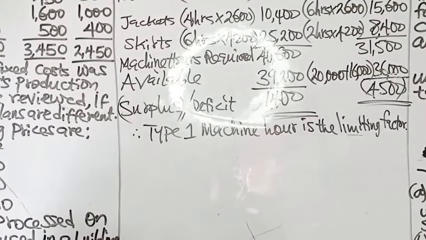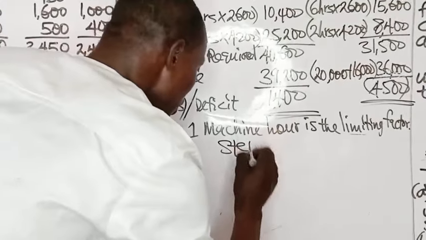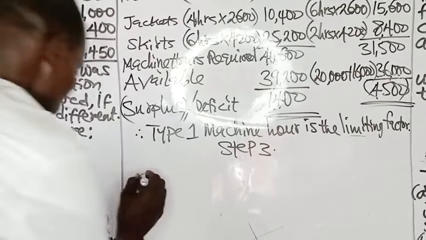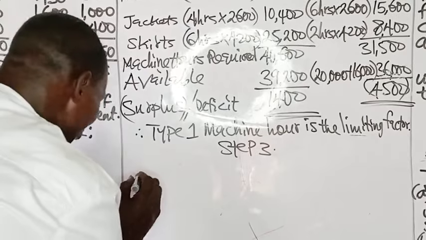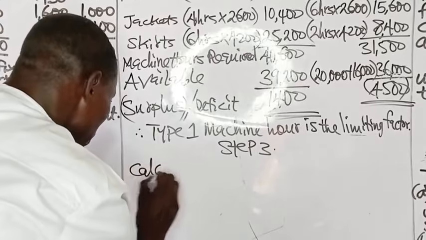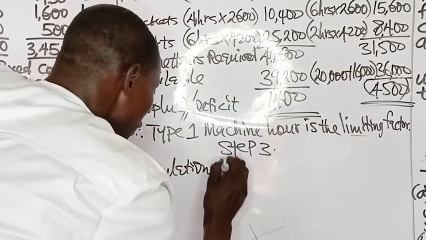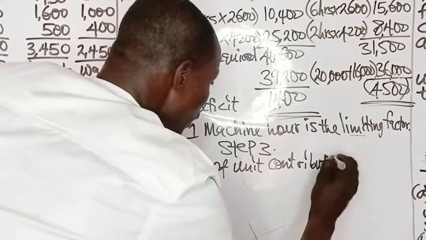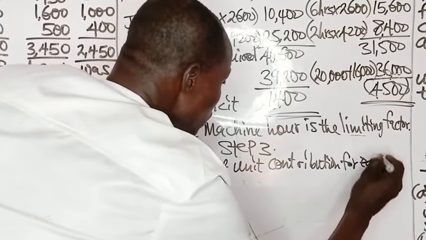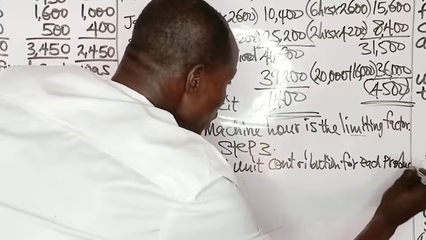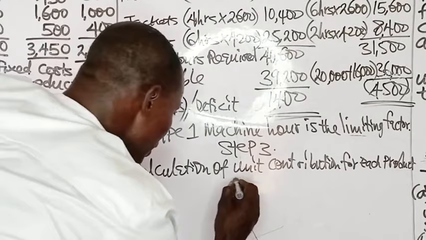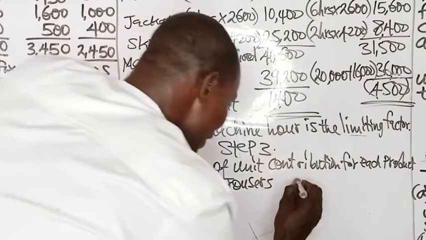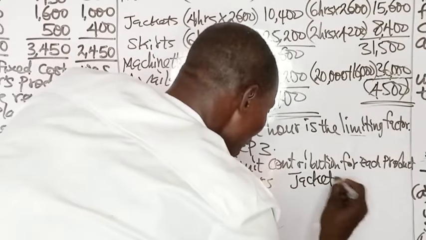Then after this, step 3, you calculate contribution per unit of each product. Calculation of unit contribution for each product. There are 3 products. We have trousers, jackets, and you equally have skirts.